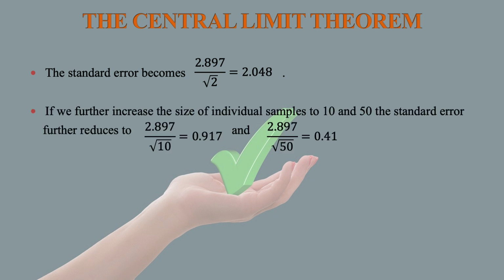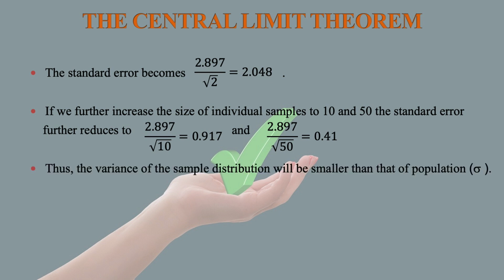If we further increase the size of individual samples to 10 and 50, the standard error further reduces to 2.897 by root 10, that comes out to be 0.917, and for the second case the standard error becomes 2.897 by root 50, that is equal to 0.41.